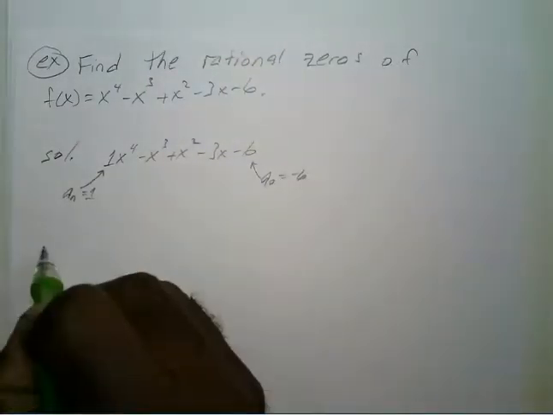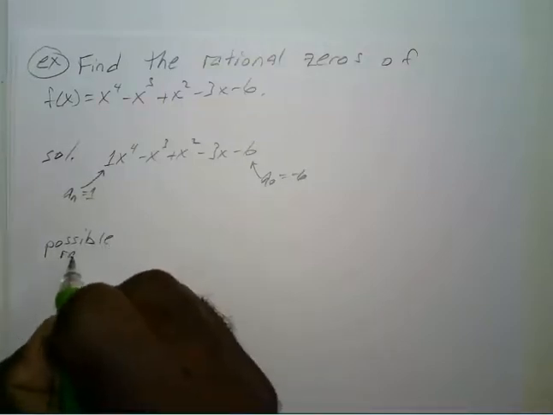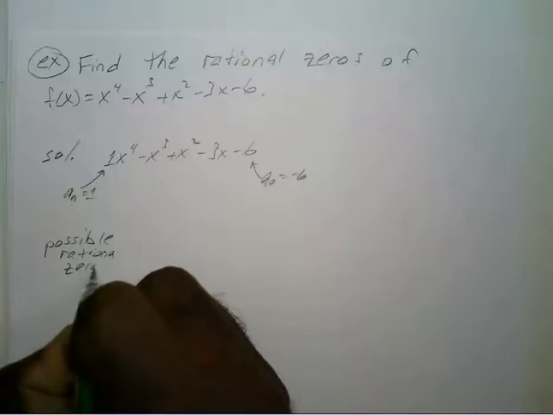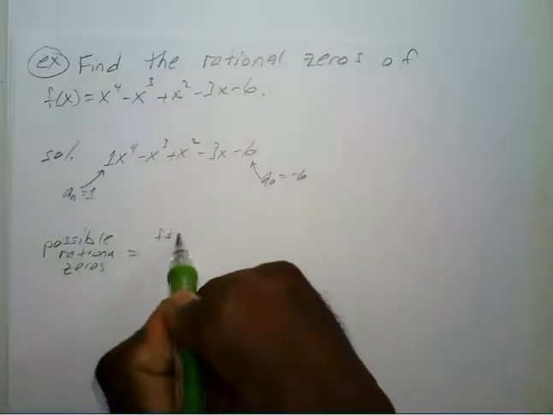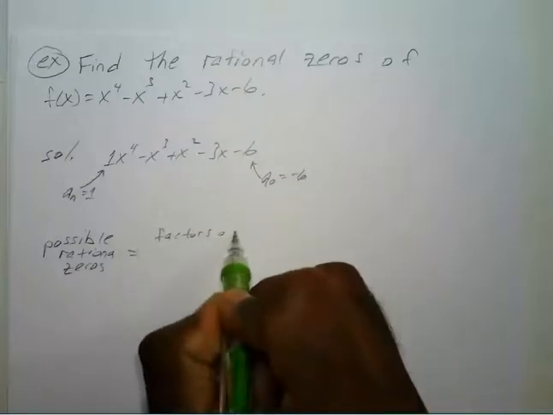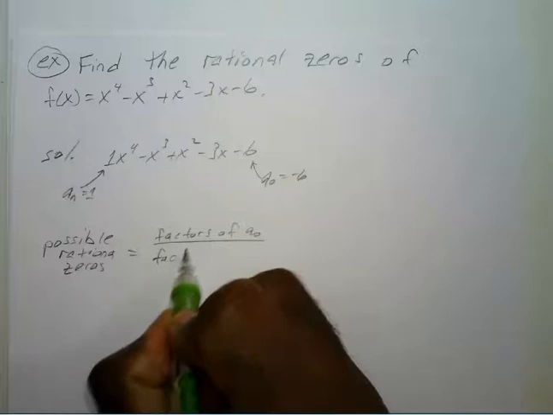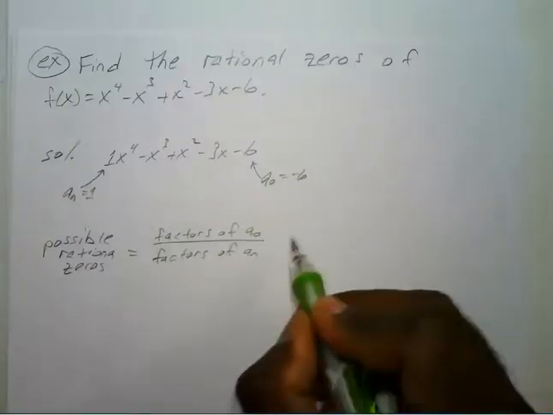Our possible rational zeros, remember, are factors of a sub 0 over factors of a sub n.